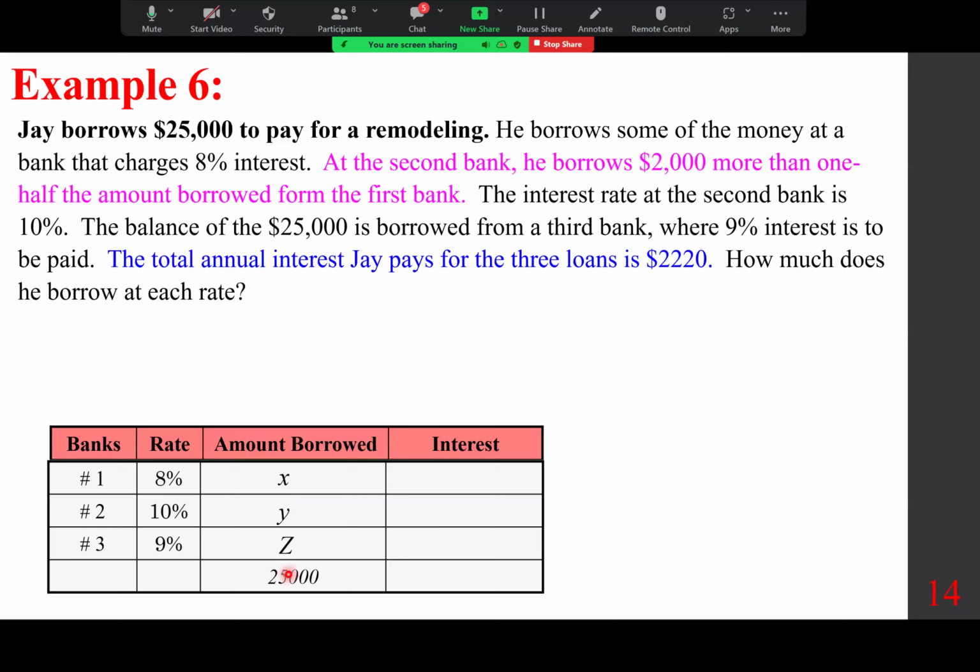And we have $25,000 here, the total amount that has been borrowed. Since we're going to pay 8% interest, the interest for the first one would be 0.08 times X. For this one would be 0.1 times Y. For this one would be 0.09 times Z. And how much is the total amount of interest? So 2,220 goes here.